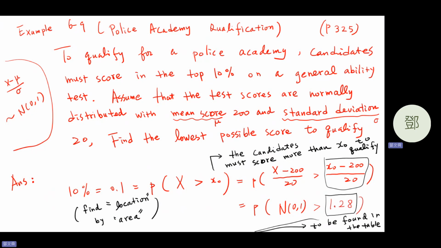Reverse, opposite things. In this example, we are given the area, and we are required to find the critical value. But in the previous example, we were given the critical value, and we are required to find the area. Okay?